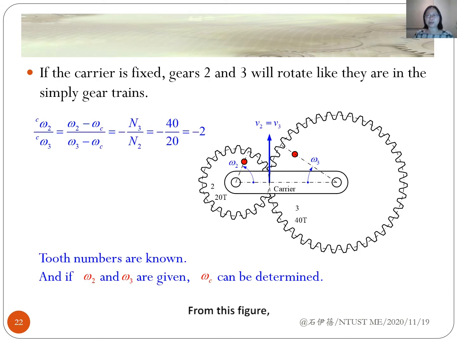From this figure, if the carrier is fixed, gears 2 and 3 will rotate like they are in simple gear trains. If the tooth numbers of gears 2 and 3 are 20 and 40, the gear ratio relative to the carrier is equal to -2. Here the gear ratio is negative because external gears have opposite directions of rotation.